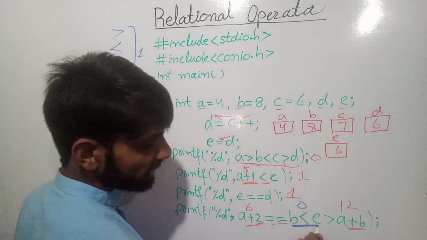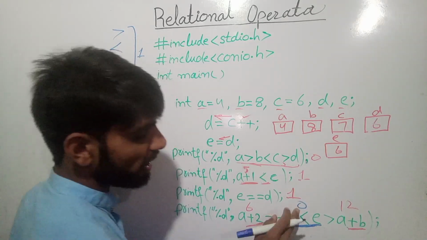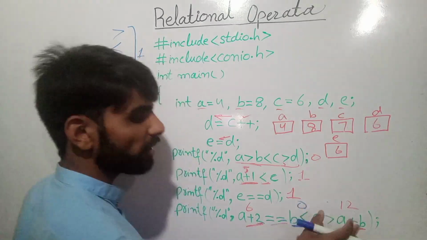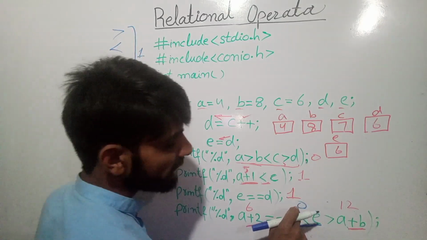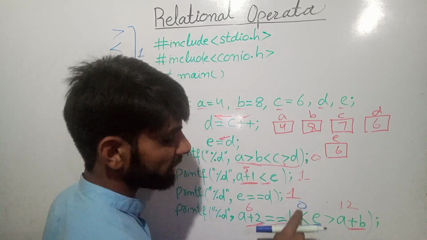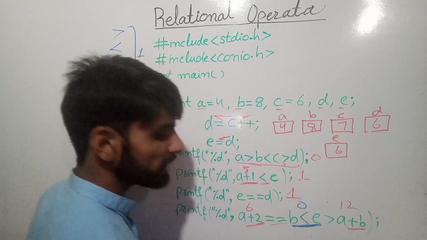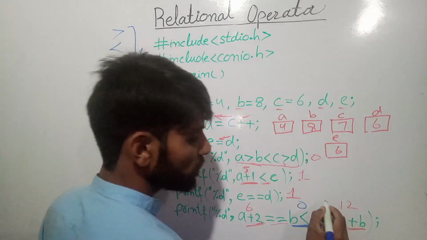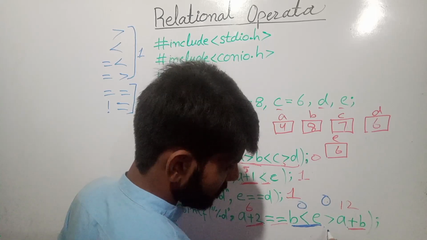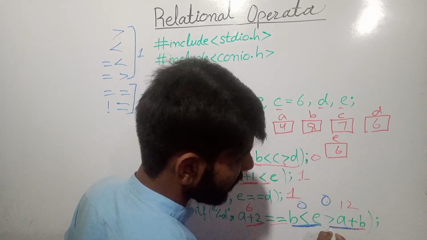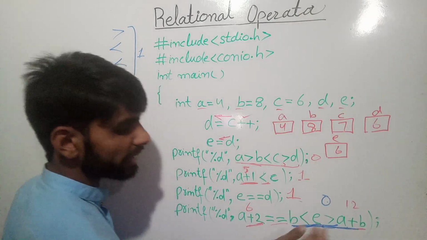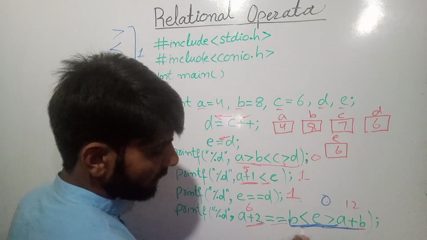Now we will perform the greater than operator: 0 greater than 12, because this is the plus result 12. In this case we get the output 0. So this whole sub-expression gives the output 0.